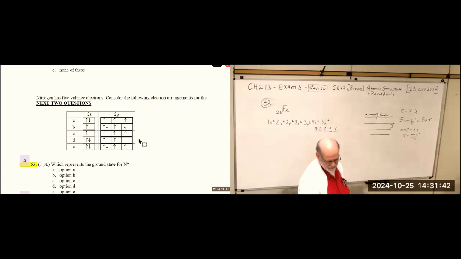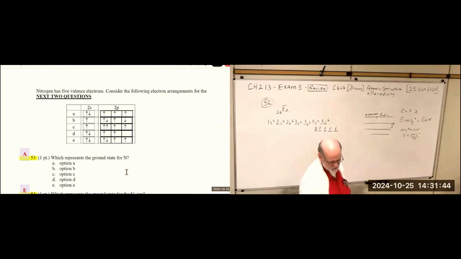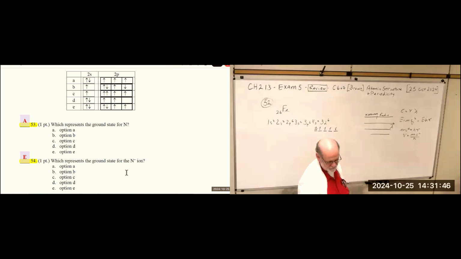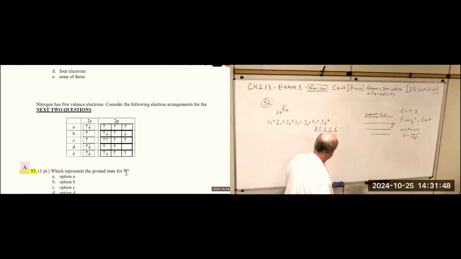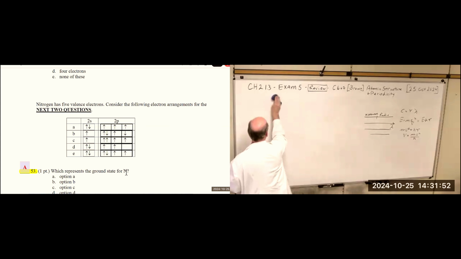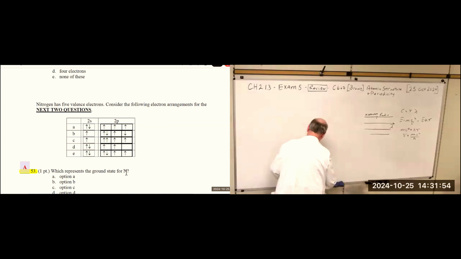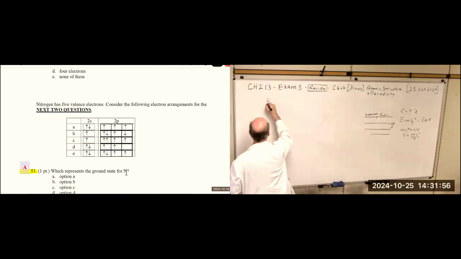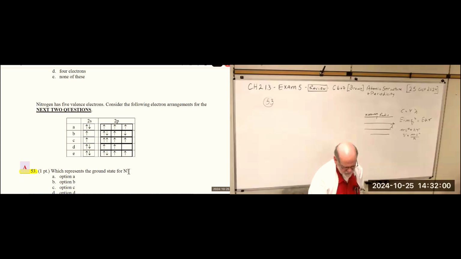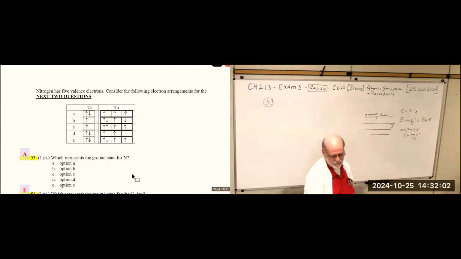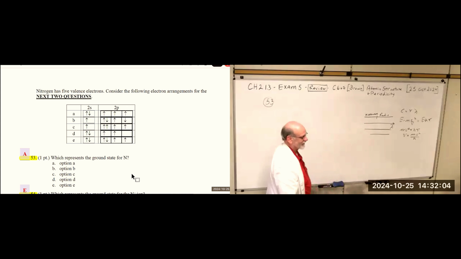We need to look at this chart and answer questions 53 and 54. Which of the following represents the ground state for nitrogen? Nitrogen is 7.